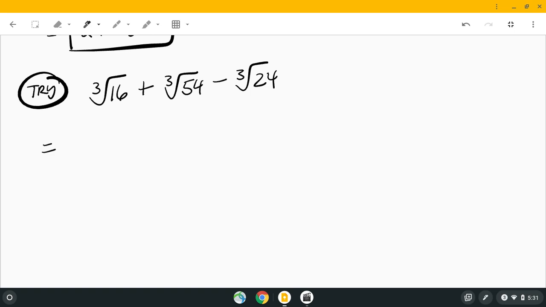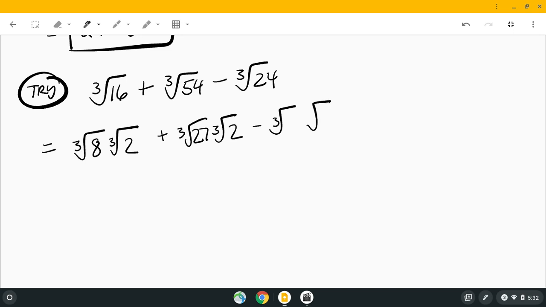I'm just going to do the work here instead of off to the side. I need cube root of 16, so I'll use 8 and 2. Here, 54 cube root, so perfect cube, I'll use 27 times 2.